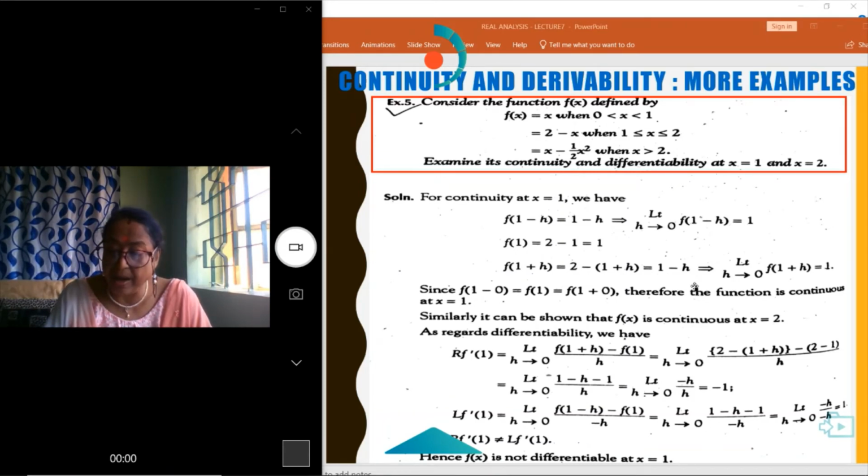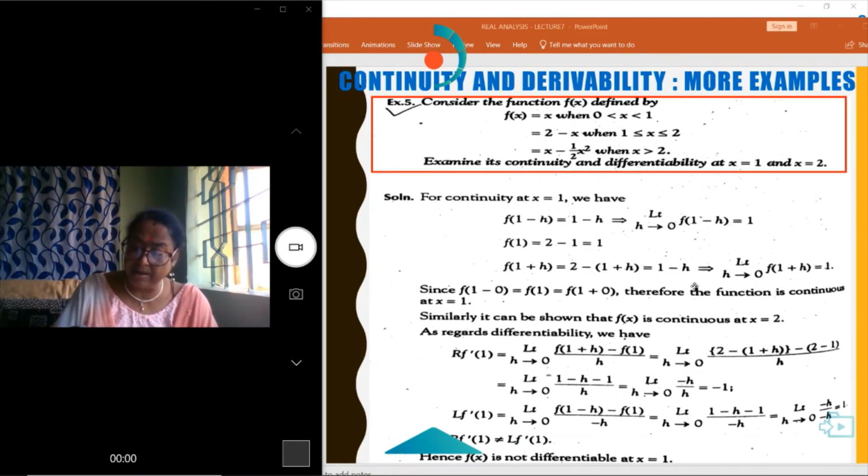Next, f(1): x lies between 1 and 2, we take the second value, and it is 2 minus x, that is 2 minus 1, which is 1.